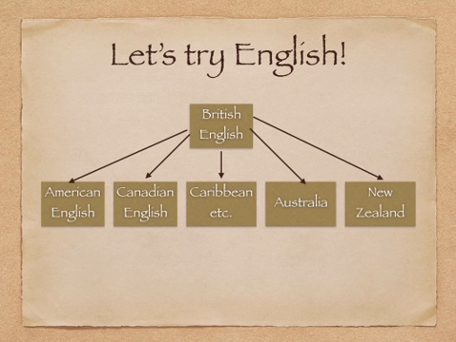Then America, Canada, the Caribbean, etc., Australia and New Zealand, those English dialects obviously came later as people populated Australia and New Zealand. So generally speaking, normal people would look at this chart and say, yes, that's a fair breakdown of the way that you could split English up now into American English, Canadian, Australian, New Zealand, different islands like the Caribbean, etc. So most people would generally be fairly happy, I suppose, with a breakdown that was somewhat like this. It makes perfect sense.